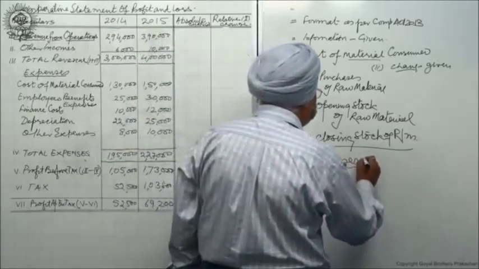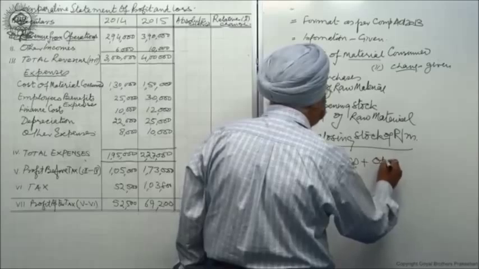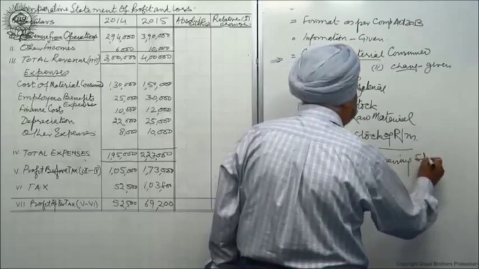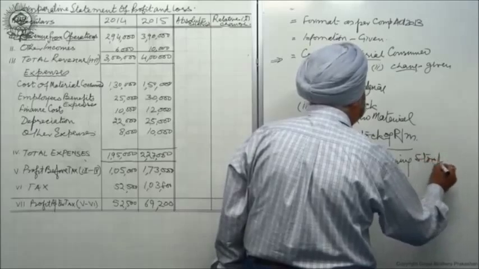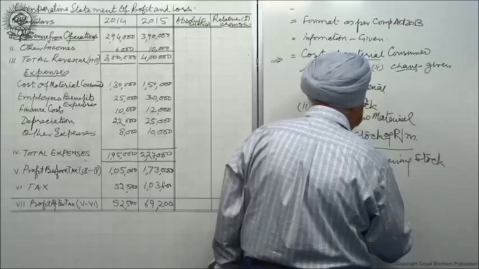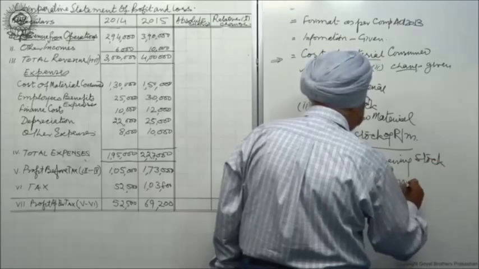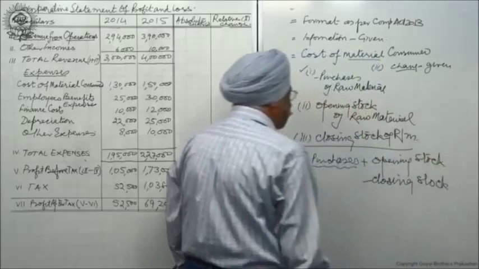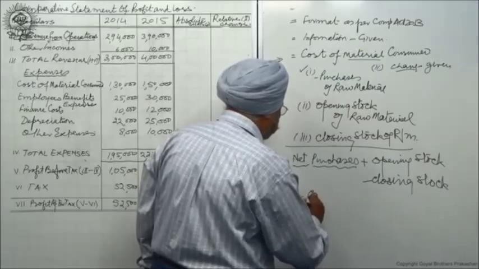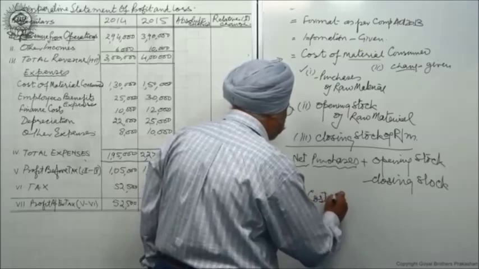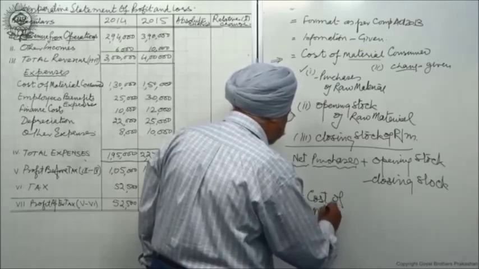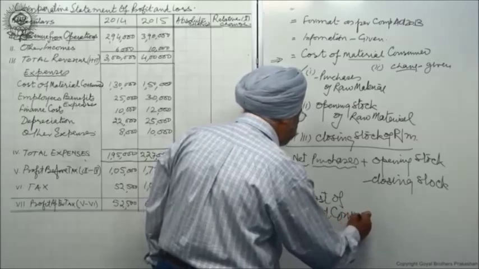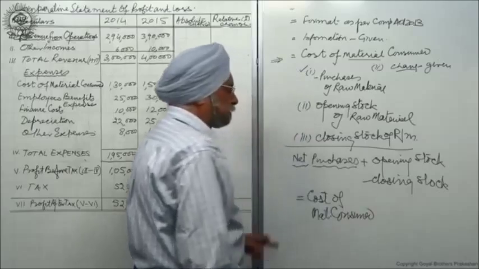So net purchases plus opening stock minus closing stock will be equal to cost of material consumed. This is the formula.